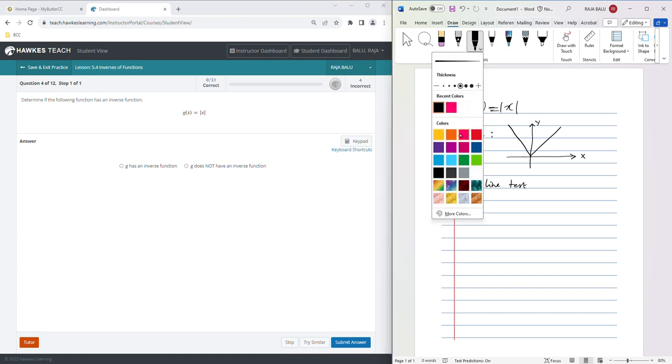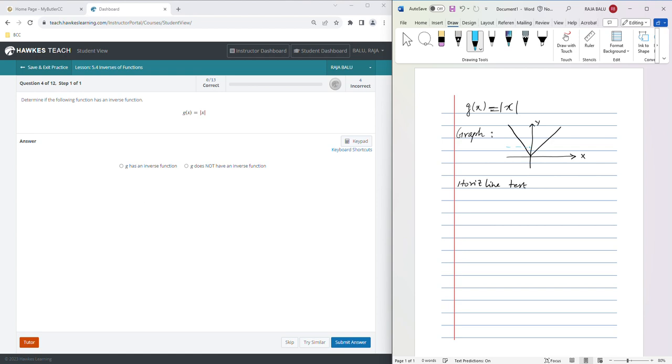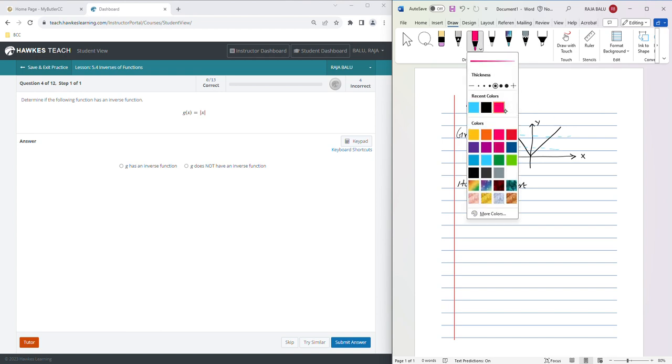I'm going to change colors here to say a blue color, for example. So I'm going to draw a horizontal line and another horizontal line like that, and I'm going to mark the points of intersection in red color, for example.